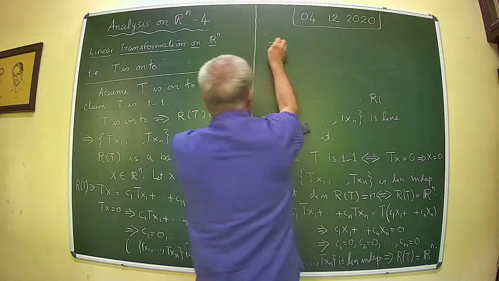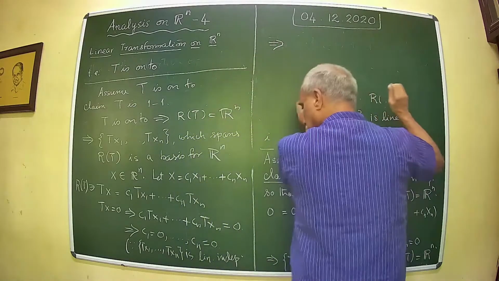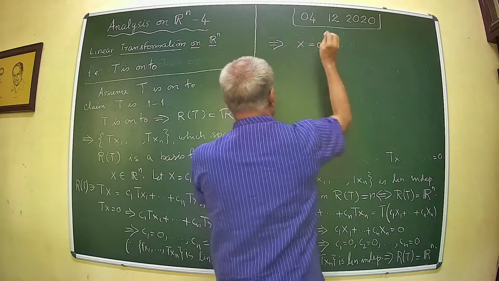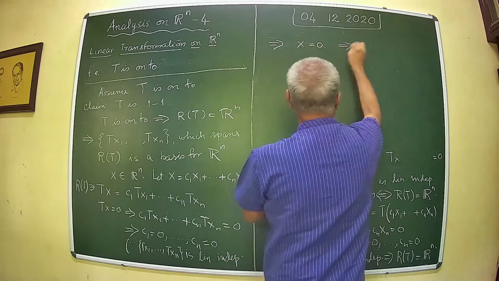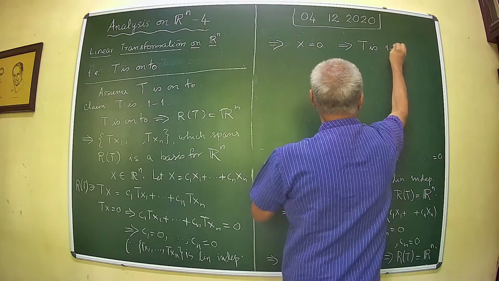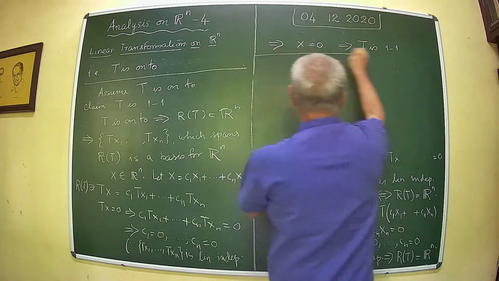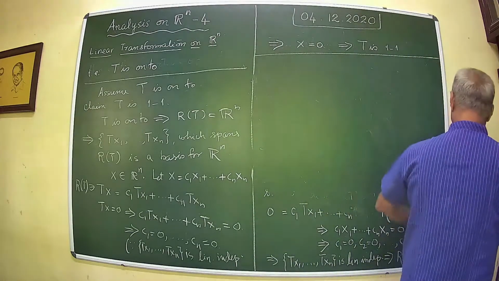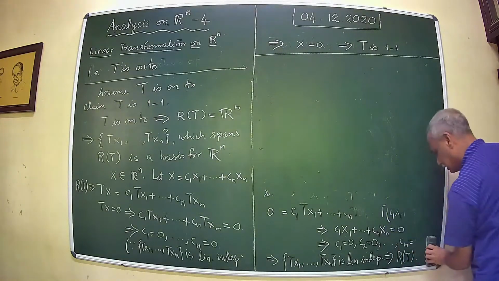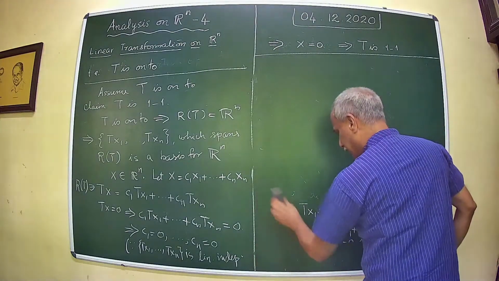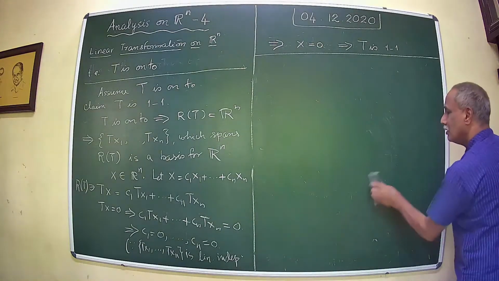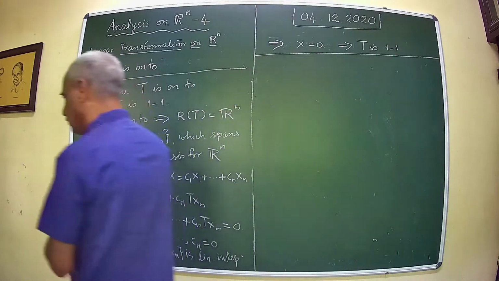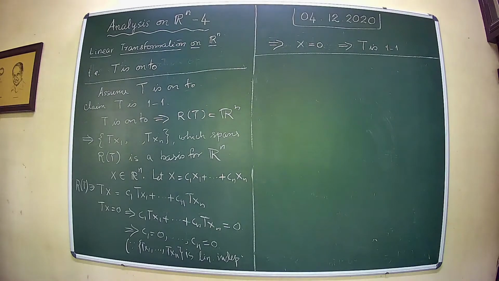Which implies x equal to 0. So that completes it. In a finite dimensional space like Rn, in fact this is more generally true in any vector space also, you see that T is onto implies T is 1 to 1.